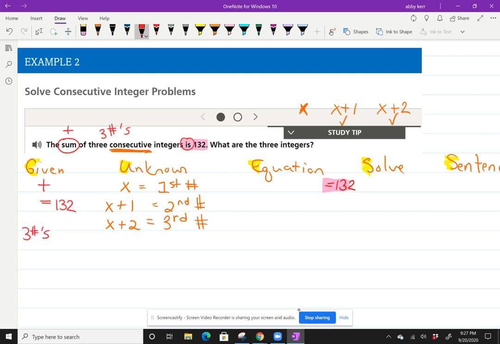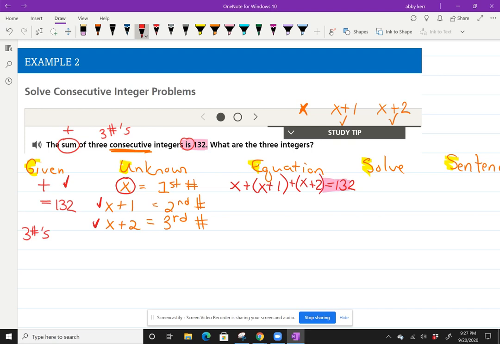So then we have our unknown, we have our x. And then notice right here it says sum, plus our second number, which is x plus 1. And then plus our third number, which is x plus 2.